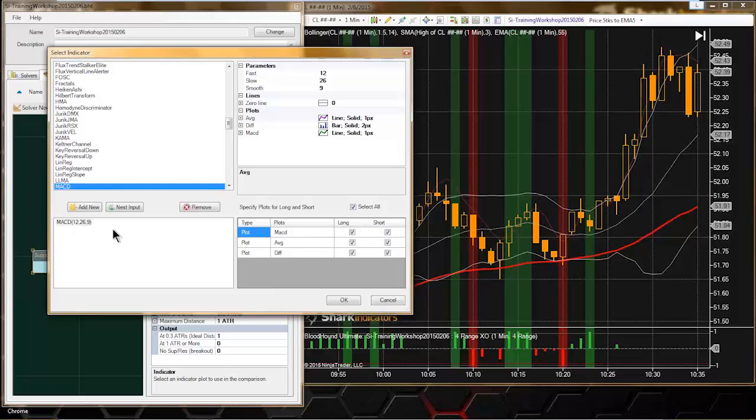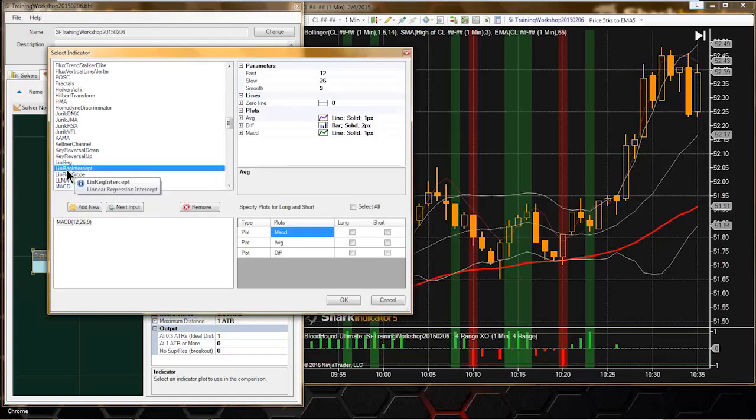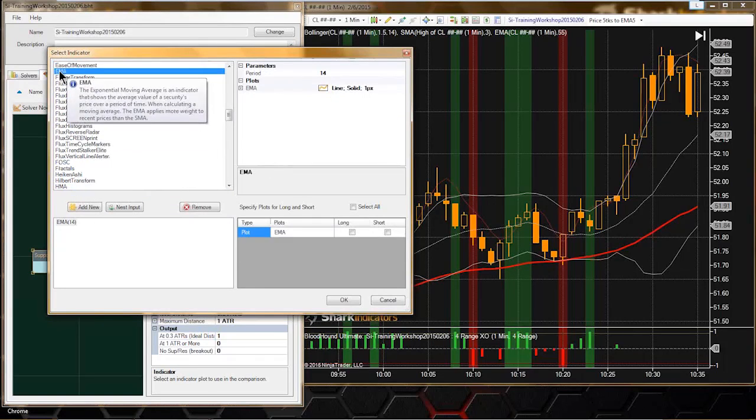Obviously, the MACD is not a support resistance solver, but I'm just trying to demonstrate that this is the one solver where you can actually have as many plots selected as you want, and also it's the one solver where you can have nothing selected. So just keep that in mind if the support resistance solver is not giving you any kind of feedback, any kind of output. All right, so let's go back to our EMA.